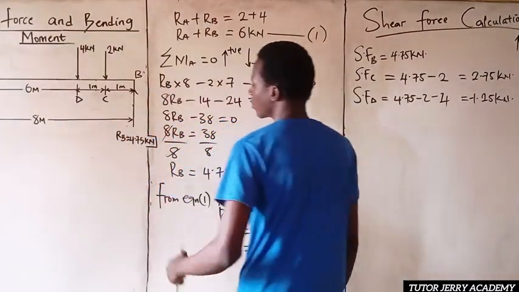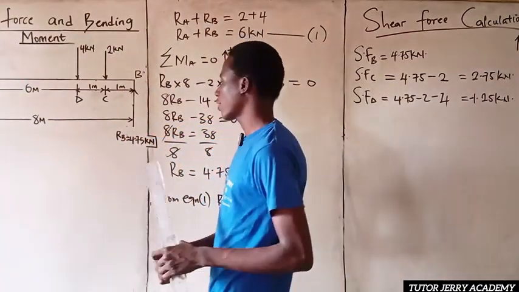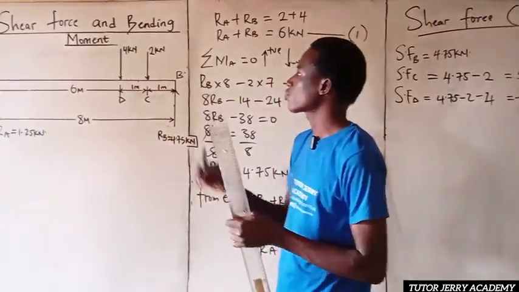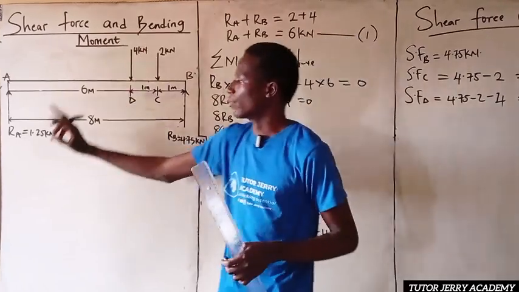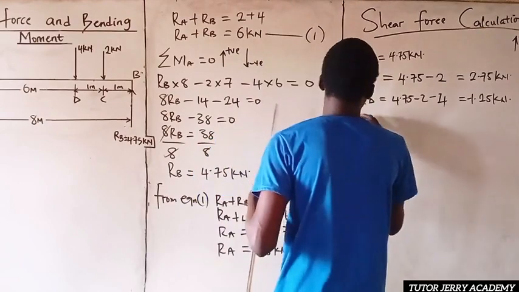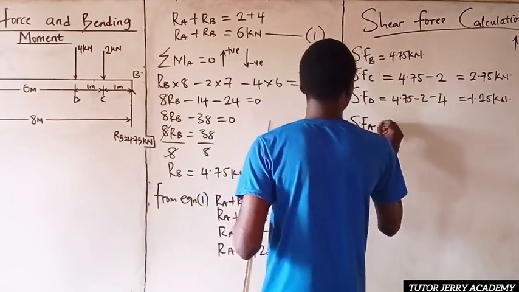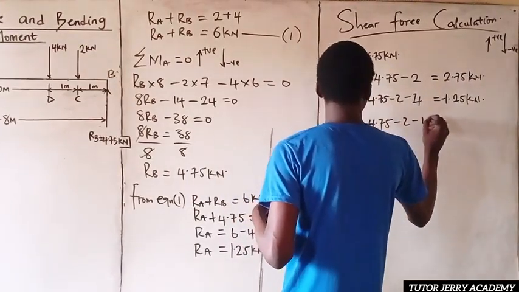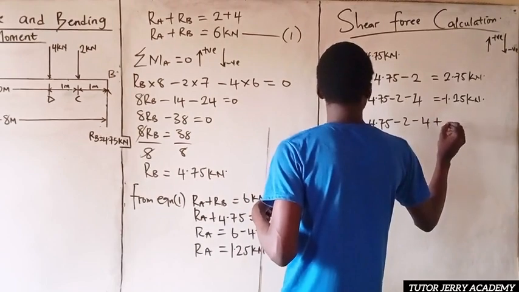Now for A, we are going to be calculating our shear force at A, and it will be nothing but 4.75 minus 2 minus 4 plus 1.25. So let's do that.